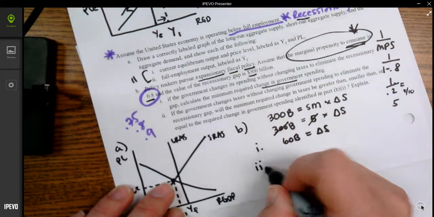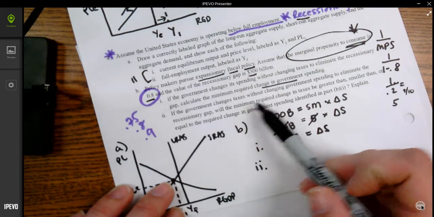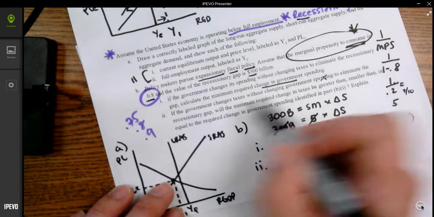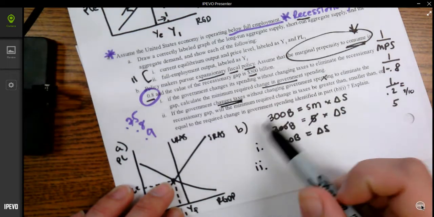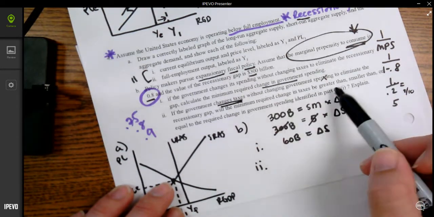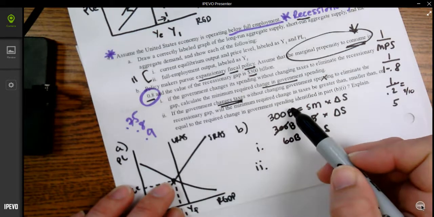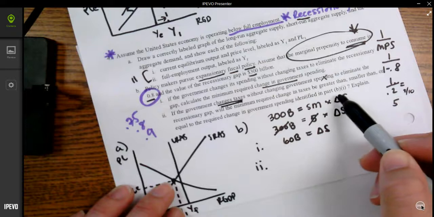Part 2 says if the government changes taxes without changing government spending to eliminate the gap. So instead of doing spending, we're going to do taxing. Will the minimum required change in taxes be greater than, smaller than, or equal to the required change in government spending as identified in part B?